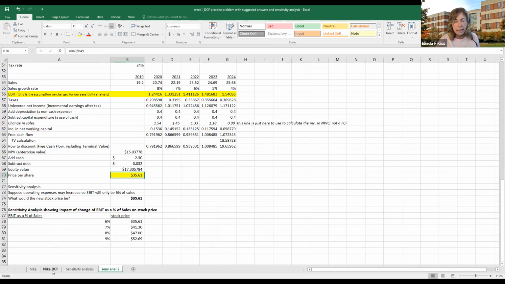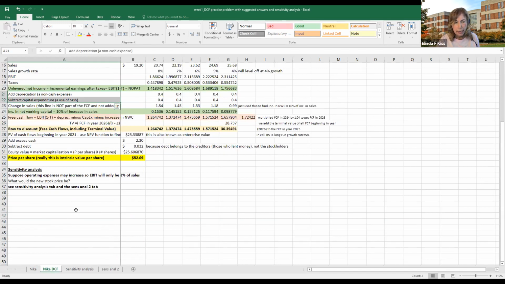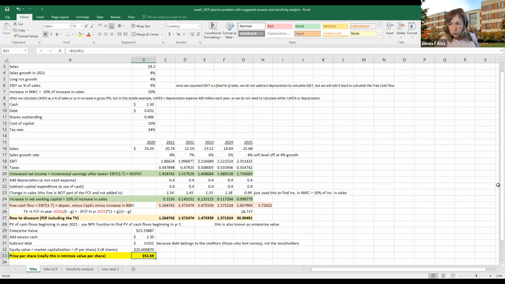Now, what if I want to calculate an internal rate of return? Of course, we do not find an internal rate of return for a company. We do that for a project. So I'm just going to show you as a reminder how to calculate internal rate of return over here in my example.